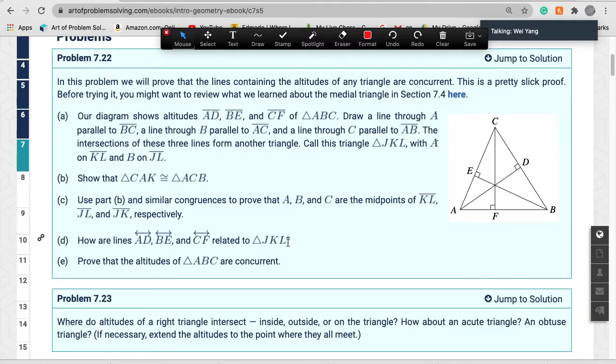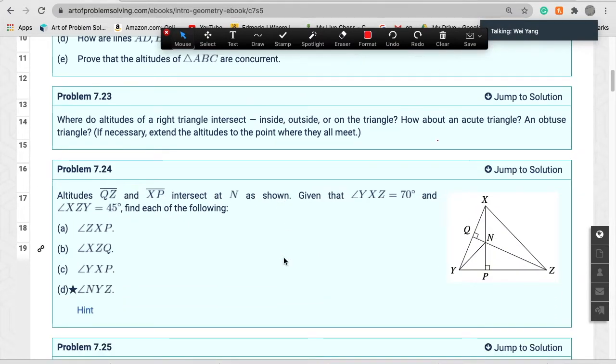Then we already proved the side bisectors of a triangle are concurrent. Therefore, AD, BE, and CF are concurrent. Then we proved the altitudes of triangle ABC are concurrent, right? So we finished this problem. Now let's go to the next one.